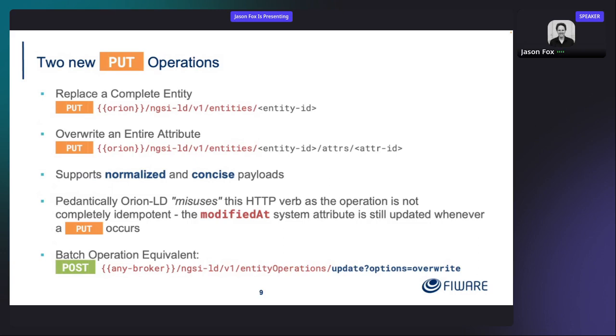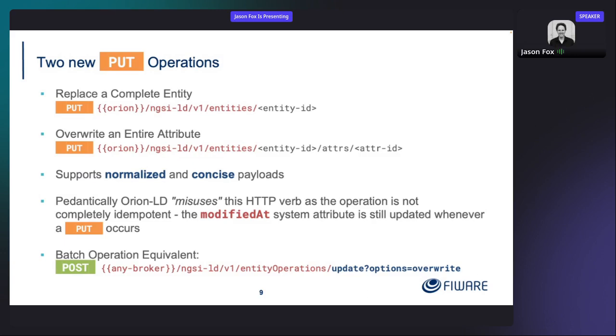The only caveat here is that technically put operations should be idempotent, and indeed, as regards the data in the payload, this is idempotent. If I put the same payload multiple times, it's going to update it with the same data each time.